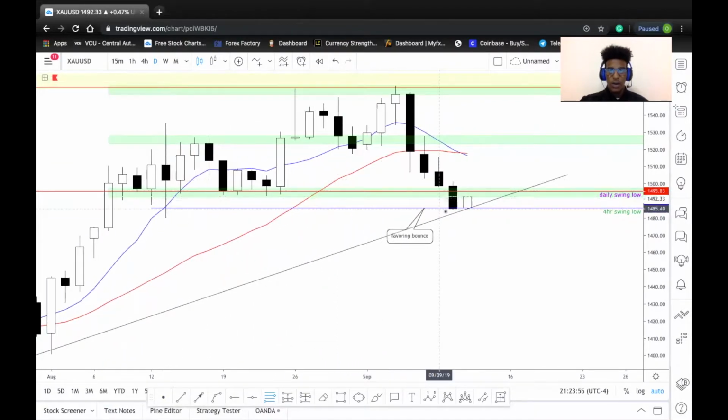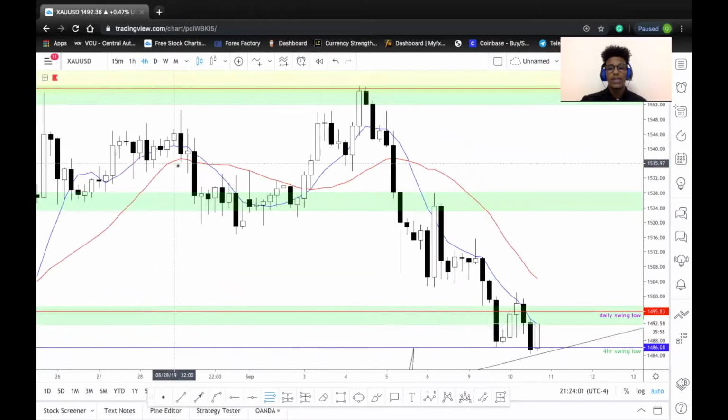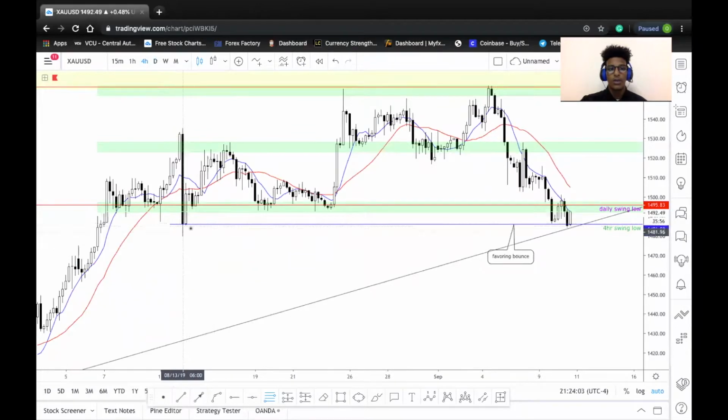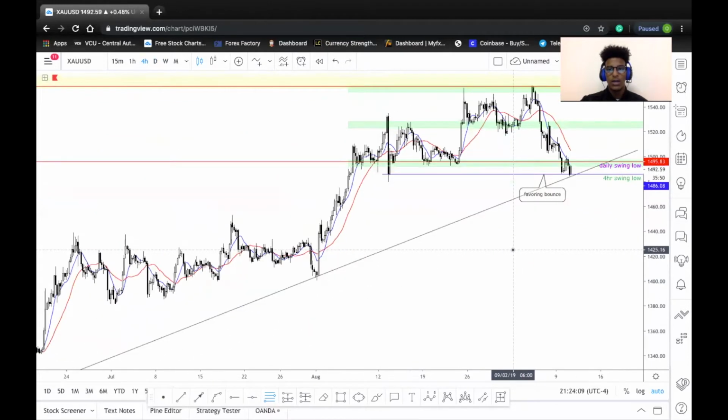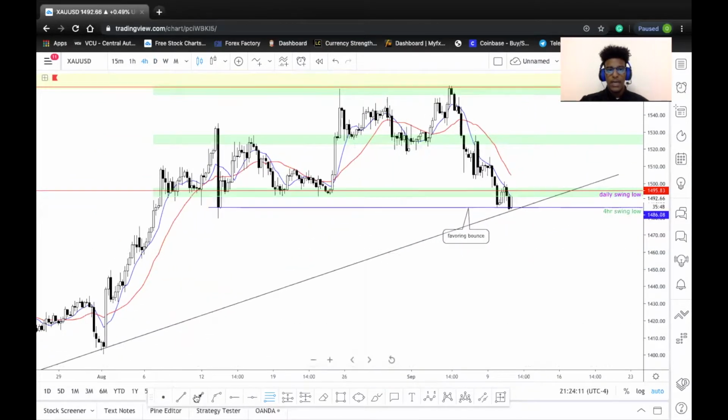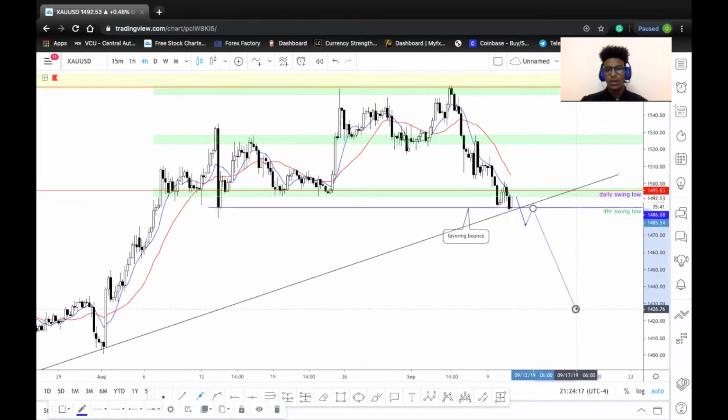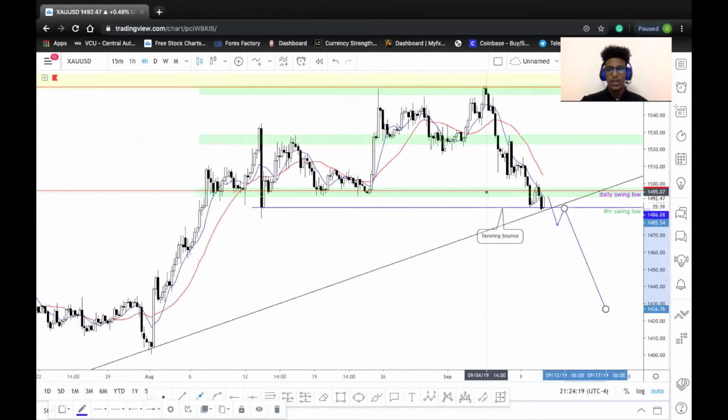Now we are holding support at our 4-hour swing low. Let's go down a time frame. We can see we are holding support. As you can see, we bounced here, and we're testing for the third time, in confluence with our trend line. If we manage to violate this zone, we can see gold drop. I'd like to see how that plays out.